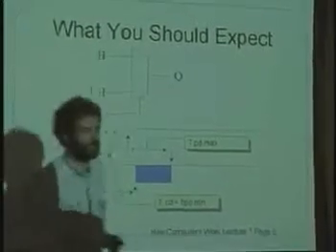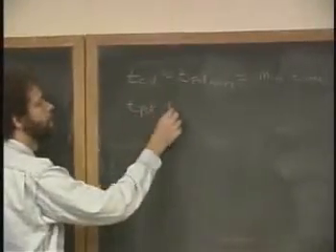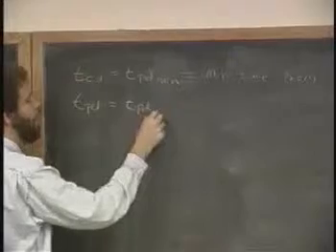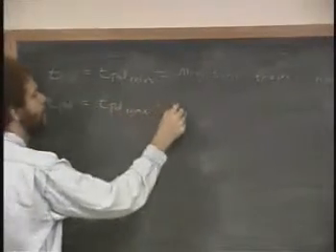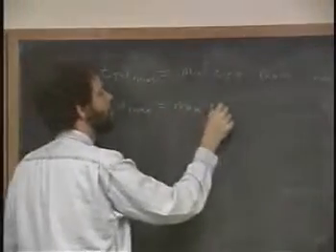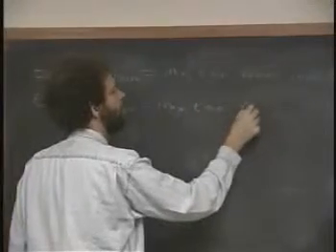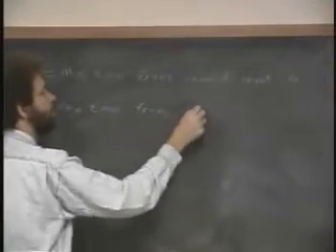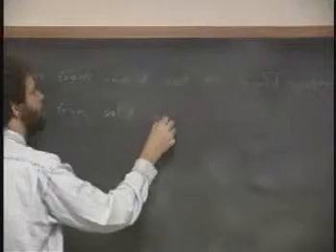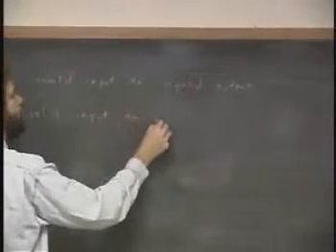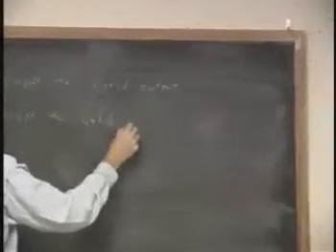Okay. On the other hand, the propagation delay, T sub PD, which in the rest of the world is TPD max, is equal to the maximum time from valid input to valid output.